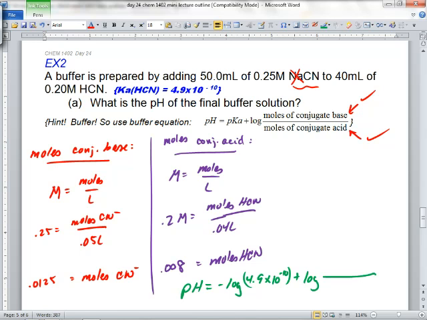Plus the log. Now the conjugate base moles has to be on top, conjugate acid moles on the bottom. So 0.0125 all over 0.008, thank you. Okay. See what you get.